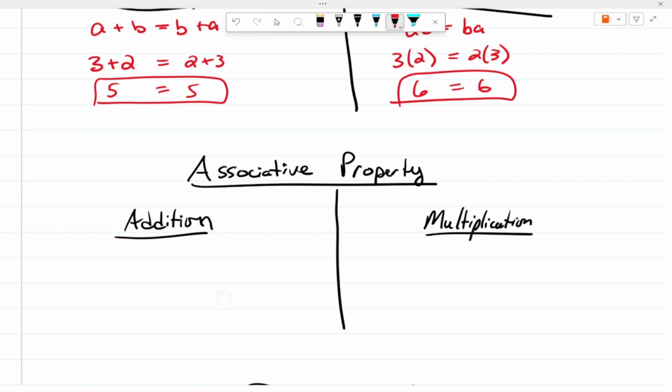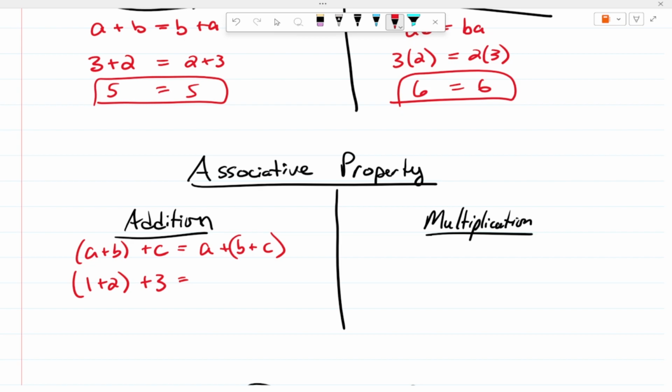So that looks like this. Let's say we grouped A plus B first. Well, you can group them together, figure that out. Then you can add C. Well, that's the same exact thing as if you grouped B and C first and then you added A. For example, if I look at this on the left-hand side, I have the quantity 1 plus 2 plus 3.